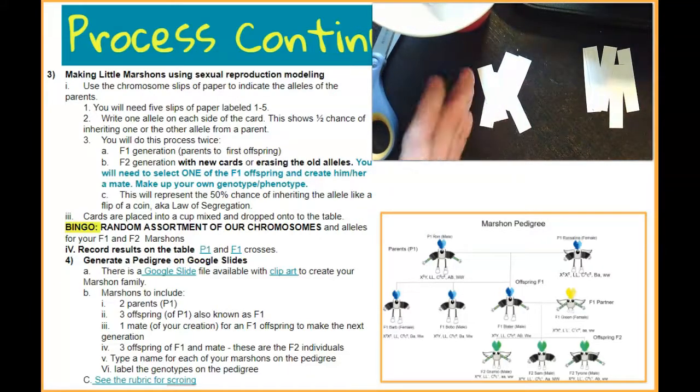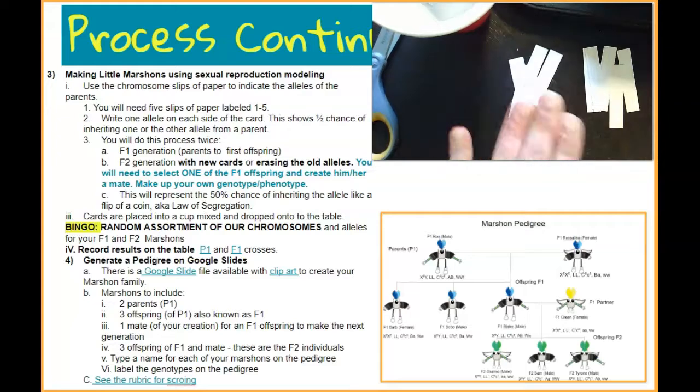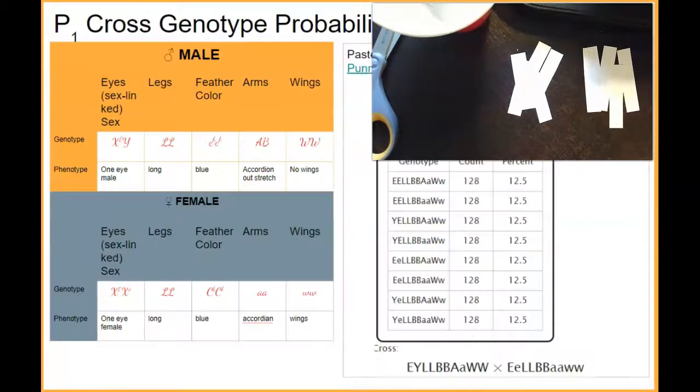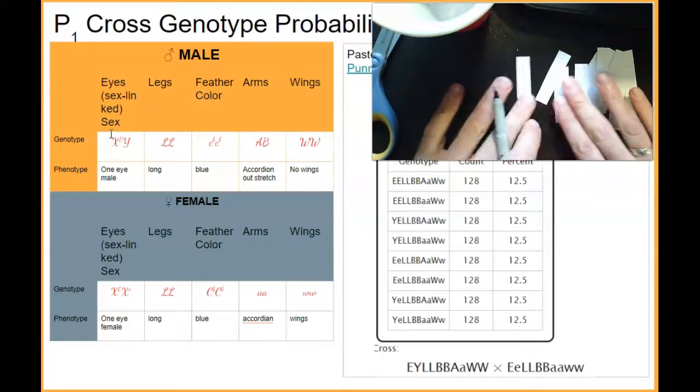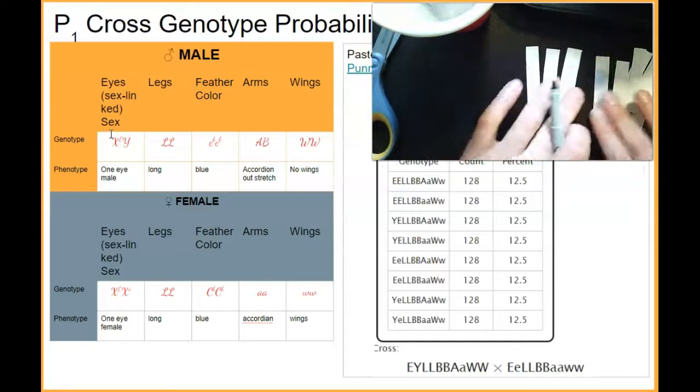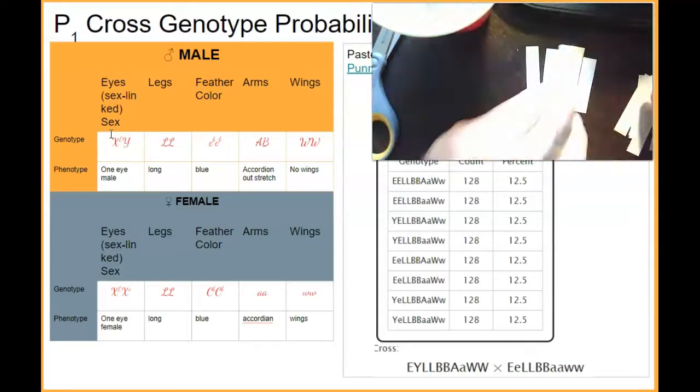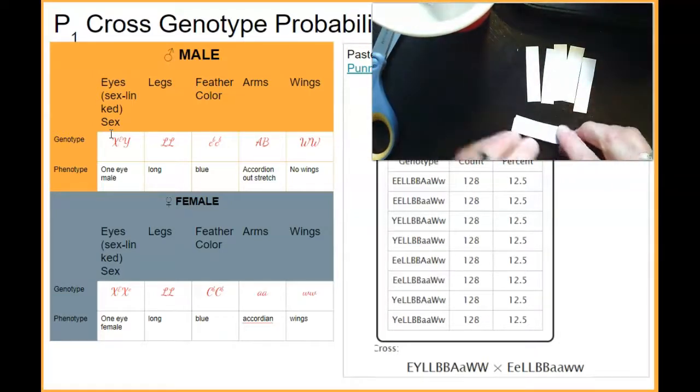Now what you do is write the alleles for each of the parents on the card. All right, so I'm going to show here on the screen what we figured out in the first set of the process. All right, we have male and female, and what we need to do is write down the alleles, one on each side. It's a 50-50 chance that a male or female would end up with those genes. So let's do the male first. Females will sit down here.